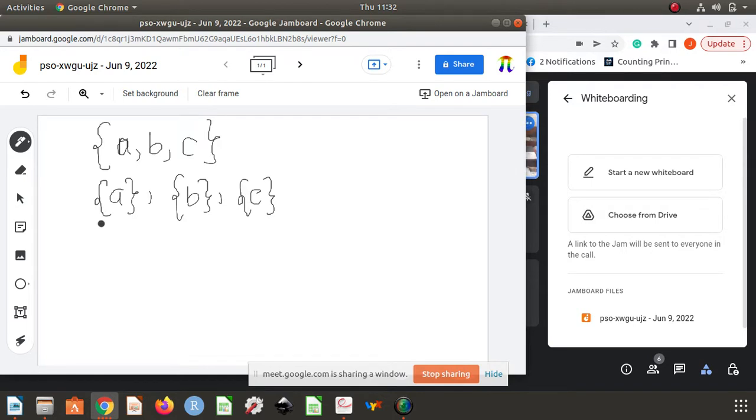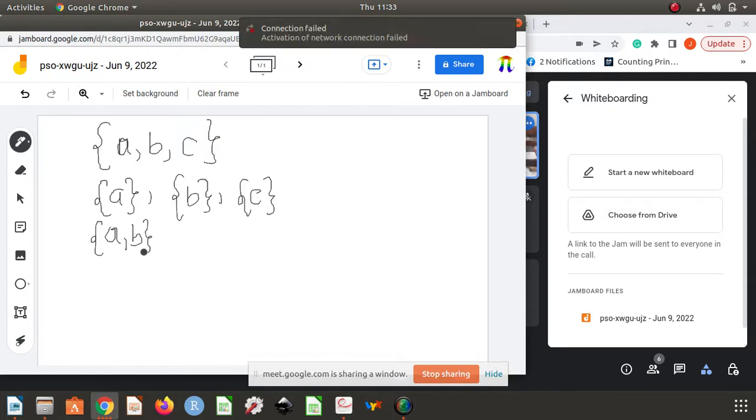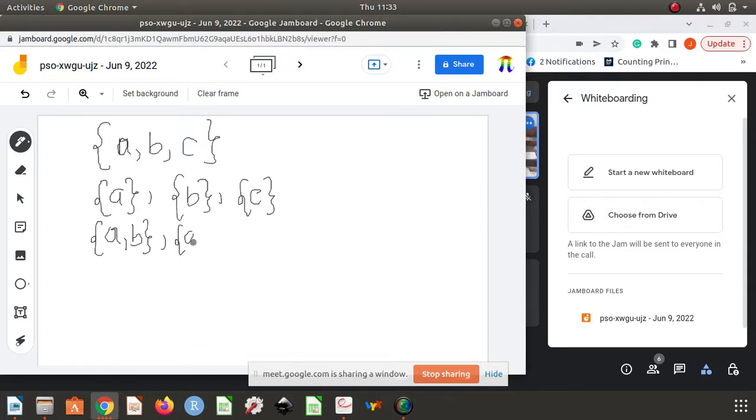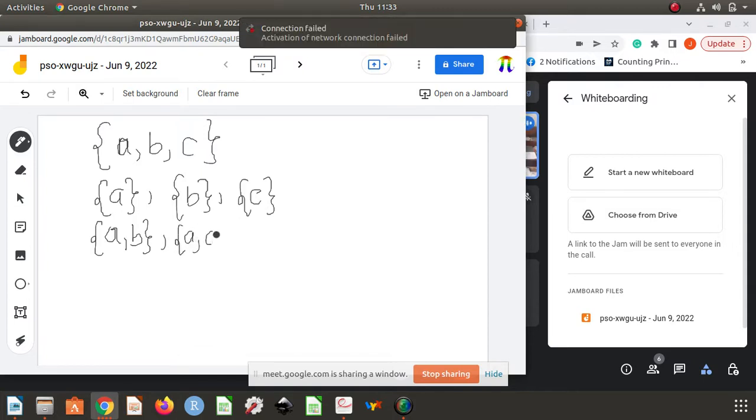Then I can now try to get all subsets that contain only 2 elements. This one is easy to write down. There's A, B. Then we have A, which can be paired with C to get another set with 2 elements.